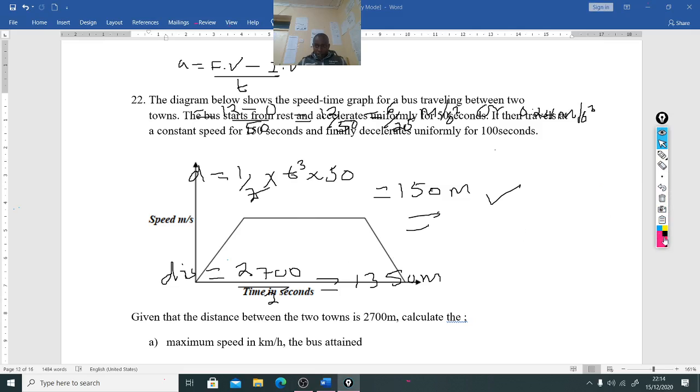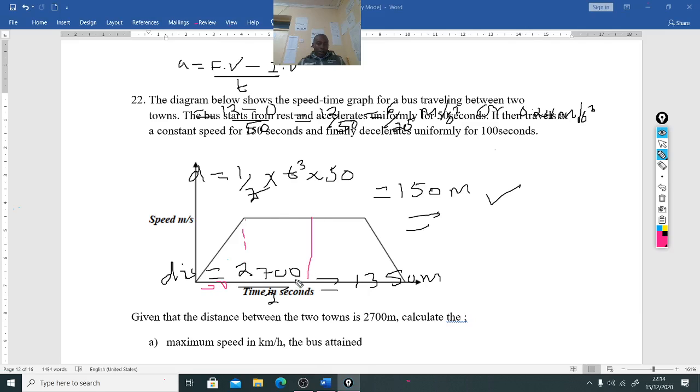This will be a trapezium, whereby we let the time from here to here be t. We already know from here to here is 50. So it will be 50 plus t plus t.